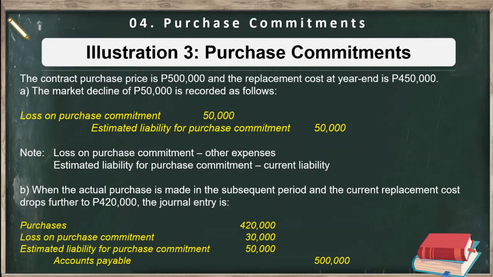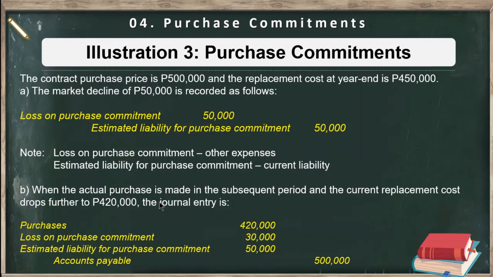Then we're going to debit first here the estimated liability to close the estimated liability of 50,000 and credit accounts payable for the purchase commitment nga contract price, di ba? 500,000 man tong agreement. So the balancing figure here is the loss on purchase commitment, which is the difference between 450 and 420. Di ba?